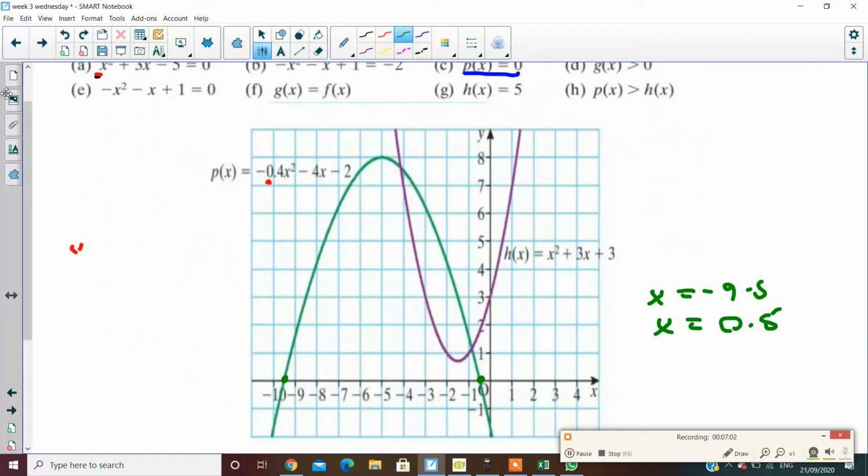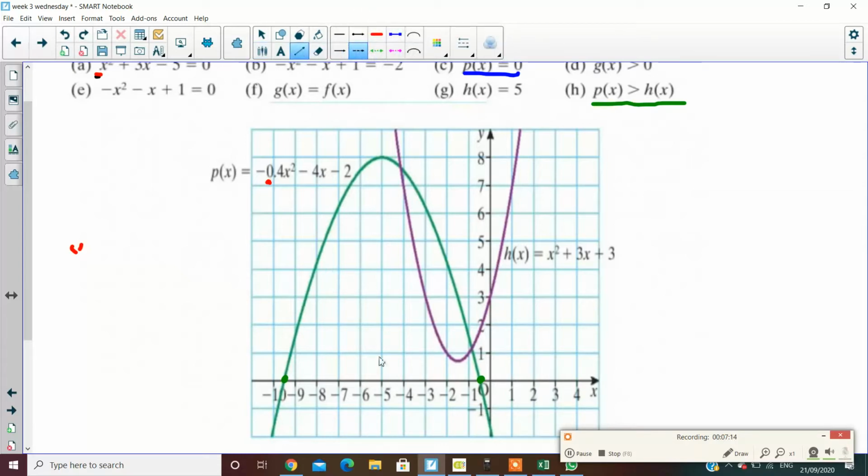All right, great. Now to go on to the more difficult ones. Where is P of X bigger than H of X? Now here's the trick. Always start from the bottom of the graph. When I start from the bottom of the graph, which color did I hit first?